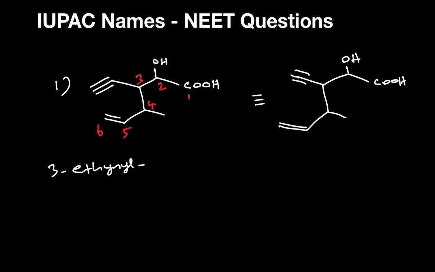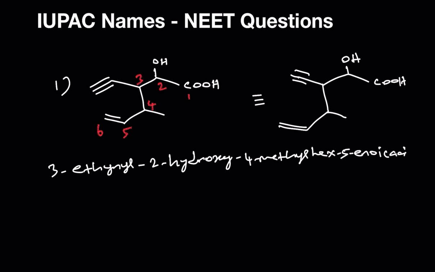Ethynyl comes first and then 2-hydroxy and then 4-methyl and then hex 5-enoic acid. But what we need to find out is 5-ynoic acid. So this is not the correct option.